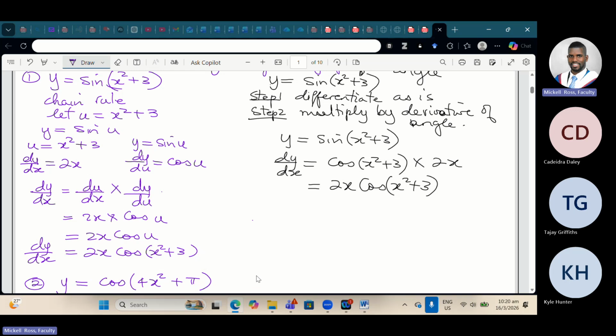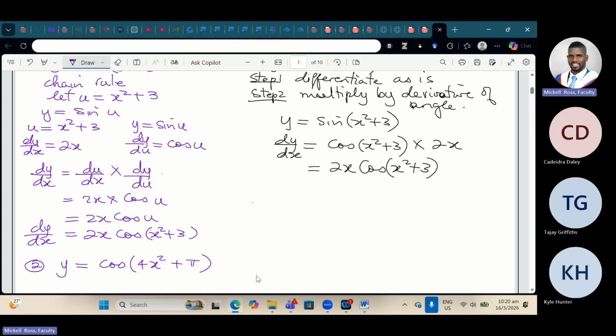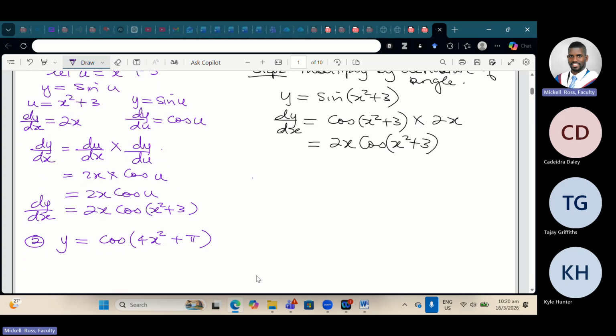Pi is just a number in the question. So we can again differentiate as is and then multiply by the derivative of the bracket, or we can just use the chain rule. Whichever way you choose, it's not going to be a problem. All right.